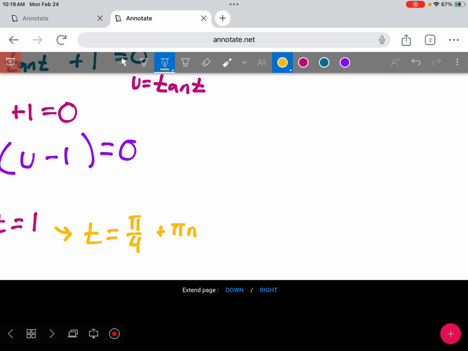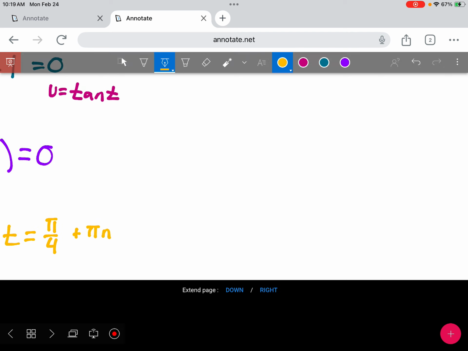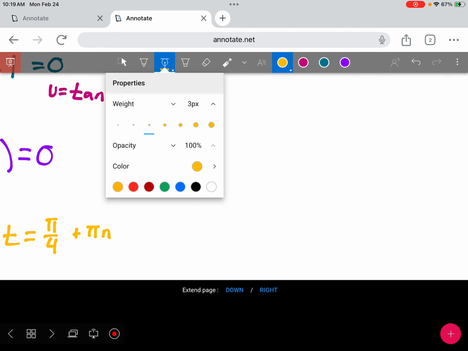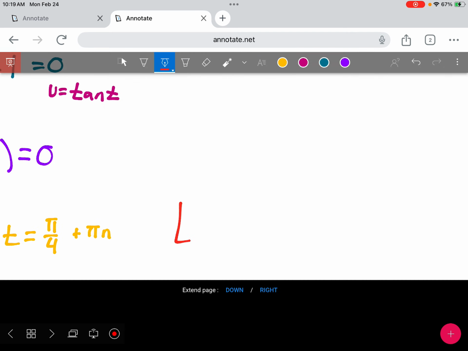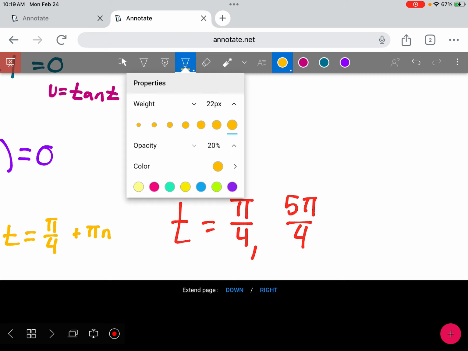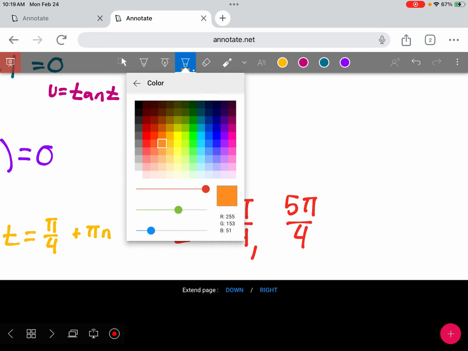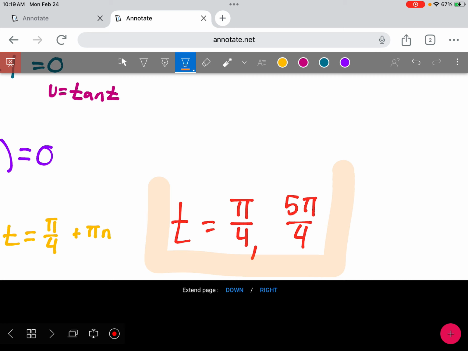But since we're on our interval, we need to list out all the places on 0 to 2 pi where that is true. So our angle t is going to be pi over 4 or 5 pi over 4. This is how we would write it for all possible. These are on the interval. This is our answer.